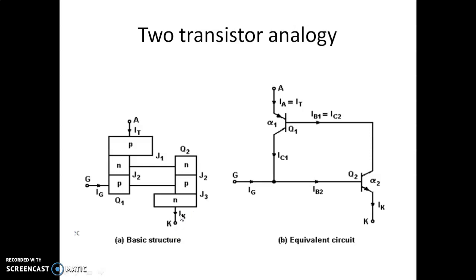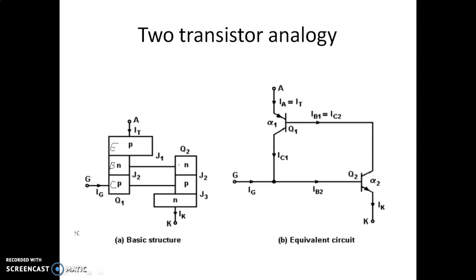So when you are representing this as two transistors, for the first transistor Q1, this is the emitter, this is the base, this is the collector.